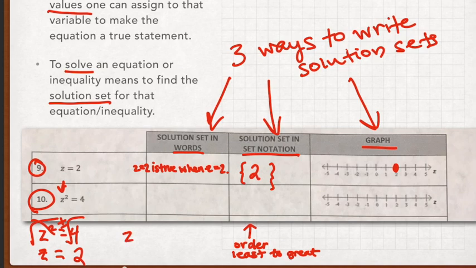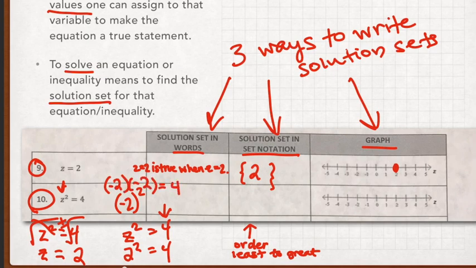In this case, if I were to put this 2 back in the equation, 2 squared is indeed going to give us a 4. But what if we had a negative 2? If we raise a negative 2 to the second power, meaning we're going to have negative 2 times negative 2, that will also give us a positive 4.